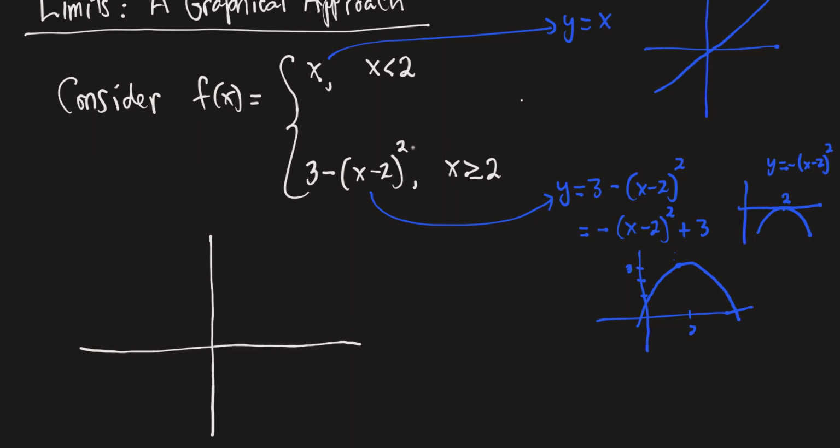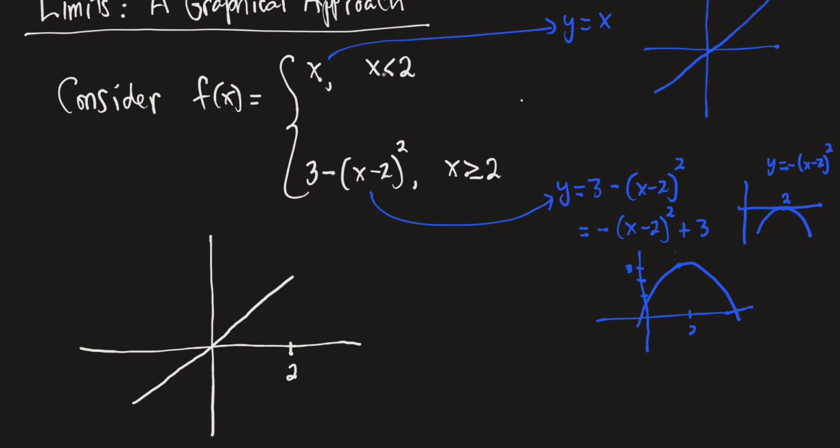All right, so at x equals 2, something happens, right? This f of x switches from the linear function to the parabola. So I'm going to mark off x equals 2. But before 2, so for all values of x less than 2, you just draw the linear function. So it will be something like that.